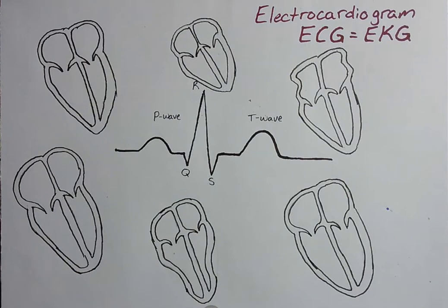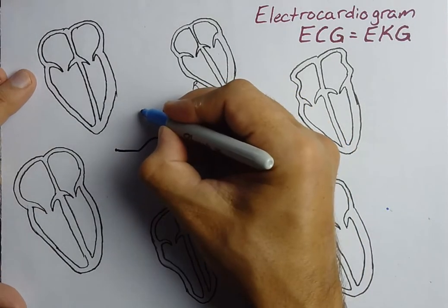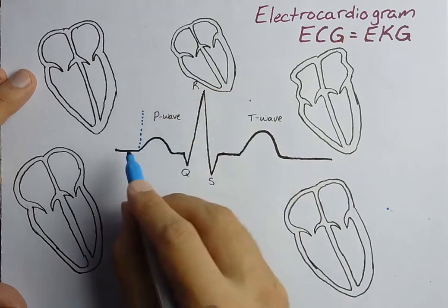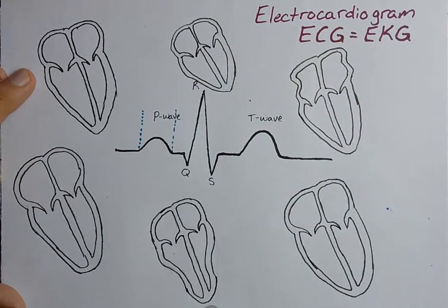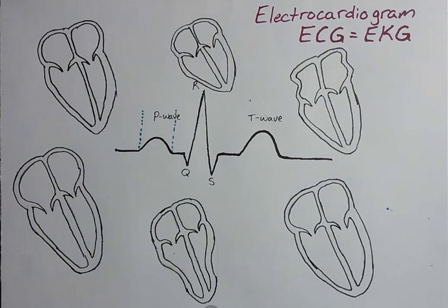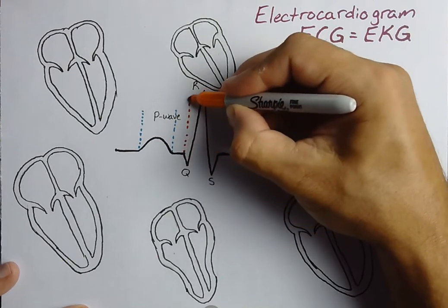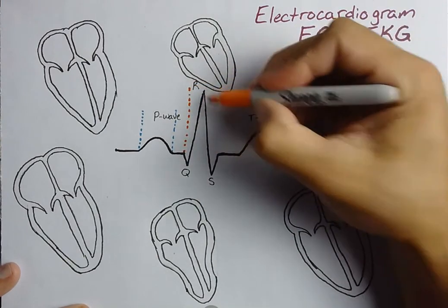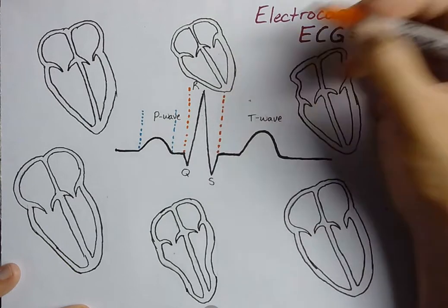So let's try to differentiate what each one of these points is actually trying to represent. The P wave is from the beginning of this bump here to the end of this bump here. That's the P wave right there. The QRS complex is from the beginning of the Q, right when the Q starts dropping, and then it goes through the R to the very end of the S. So it's from there to there.